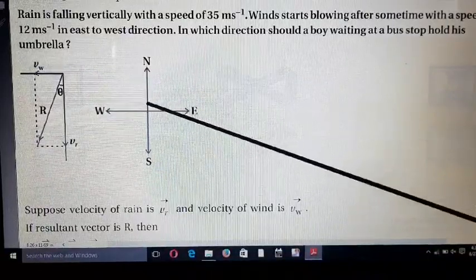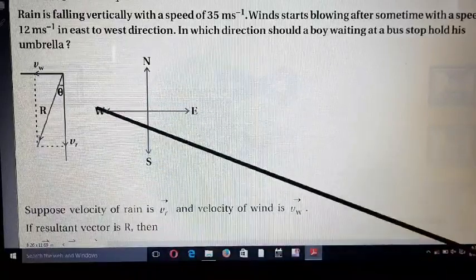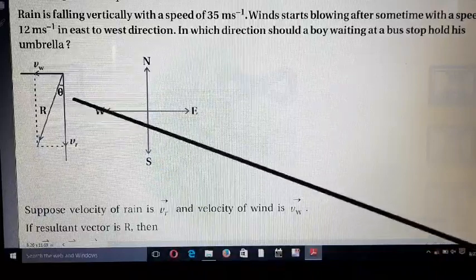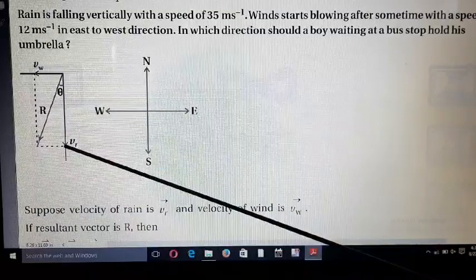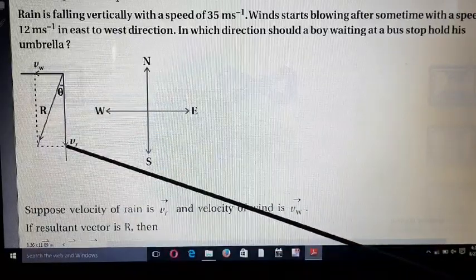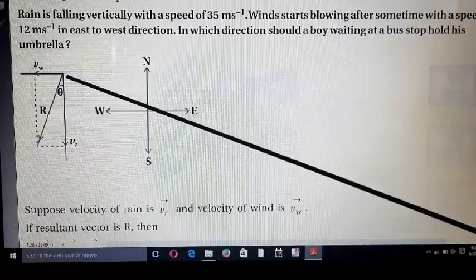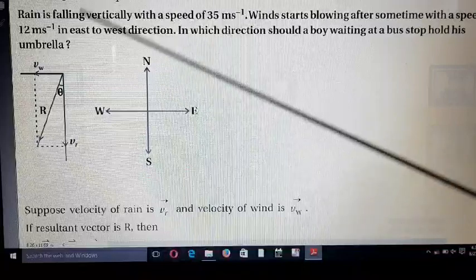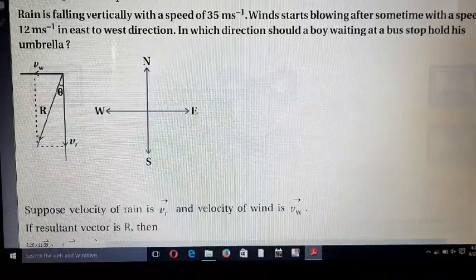Look here friends, this is north direction, this is south, this is east and this is west. Rain is falling north to south, means in this direction, and wind is blowing east to west, means in this direction. So now here R is the resultant vector.